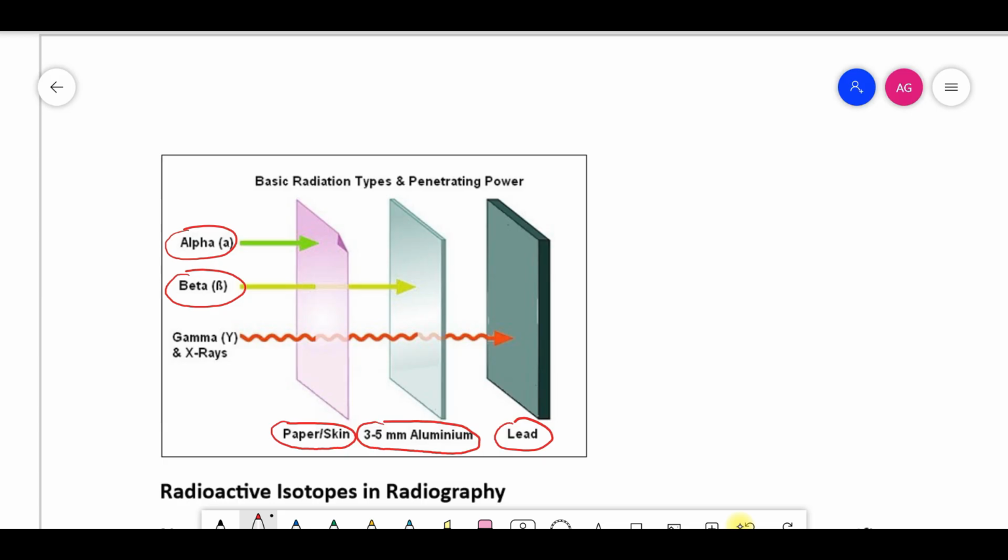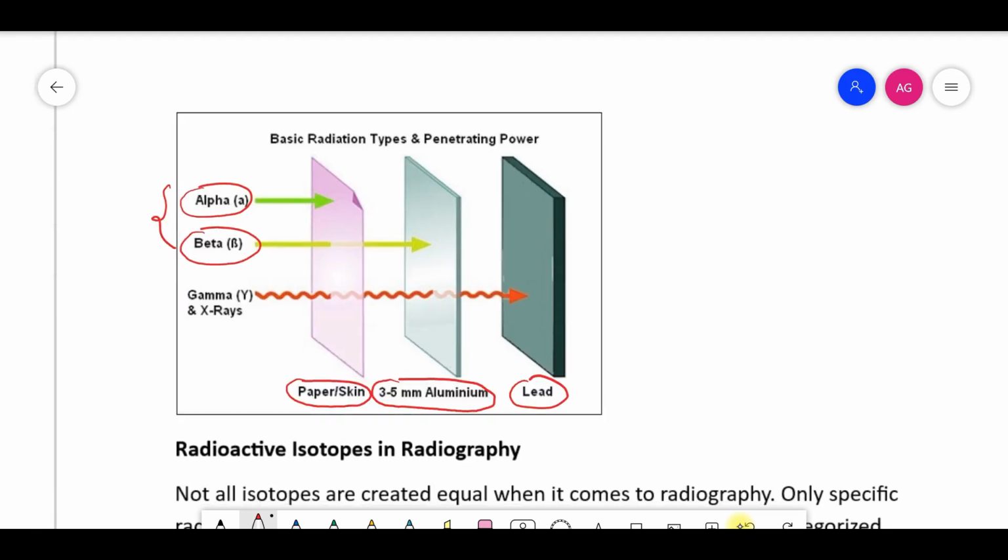We have taken this example specially with paper etc. But suppose you want to do heavy thickness, then in that case you can use alpha or beta particles. Right? But actually it is not used in industrial radiography. Okay? So you cannot compare metal and this paper, because they can pass through metals, but they stop penetrating through paper or skin.